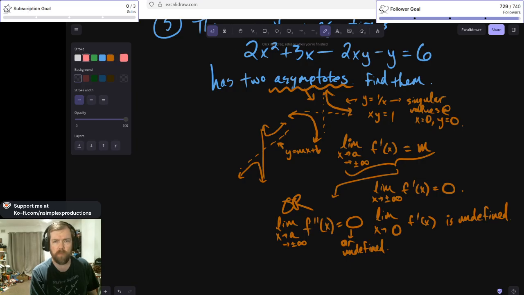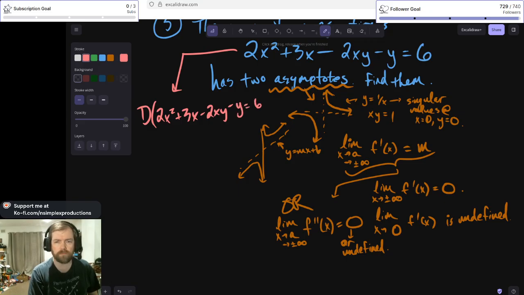So for this one, we just take the generic derivative of this entire function.